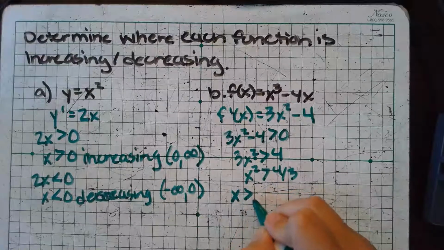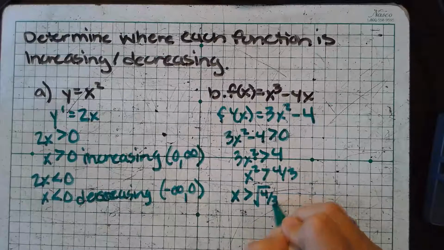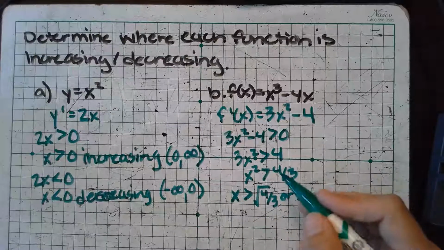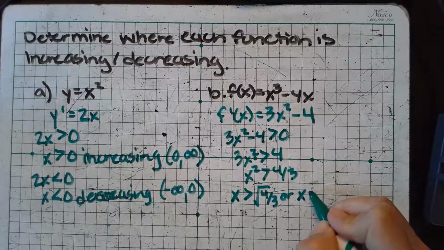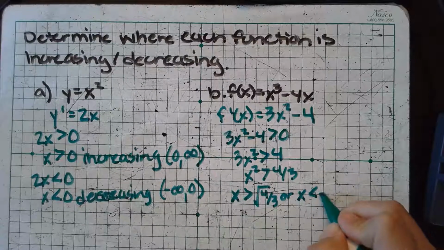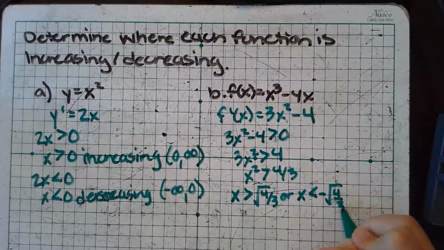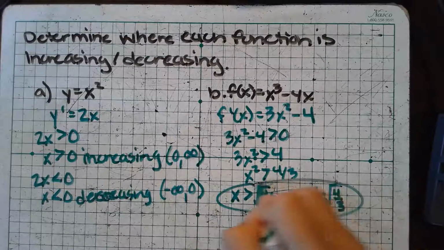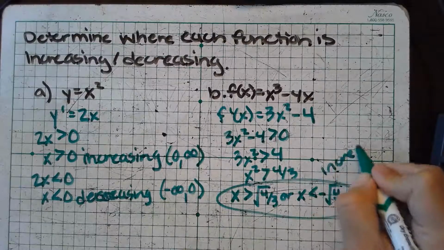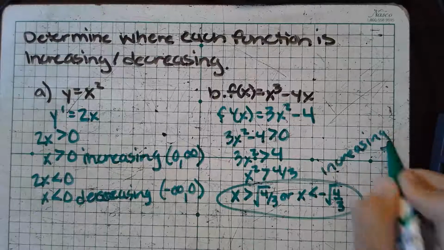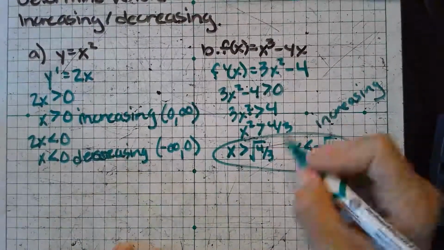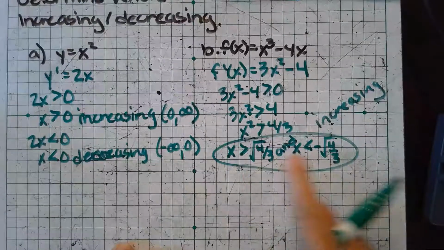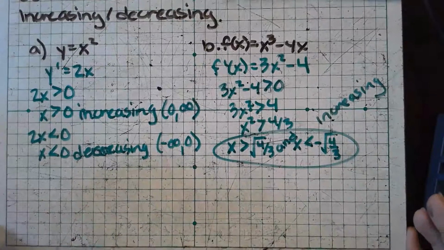It's x is greater than the square root of 4/3, or x is, don't forget about the negative case of it. And with the negative case, I flip my sign. So this is when it's increasing. And instead of or, I should probably use and, because it's here and here is where it's increasing.